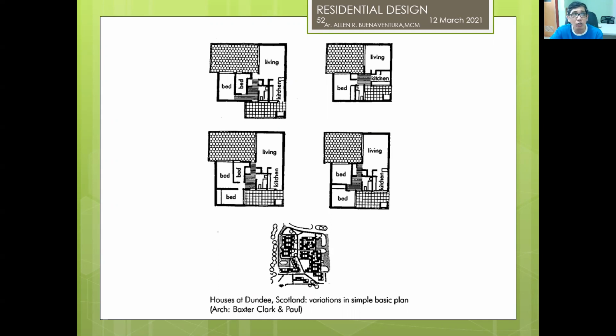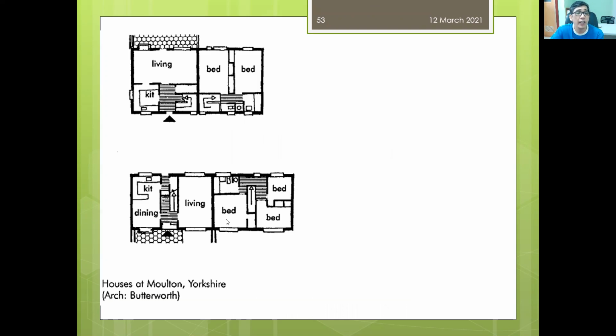Not all plans are applicable in all countries. So it will depend on the country you are planning for and the culture or the way of living of each country or each particular region. So this is another plan.